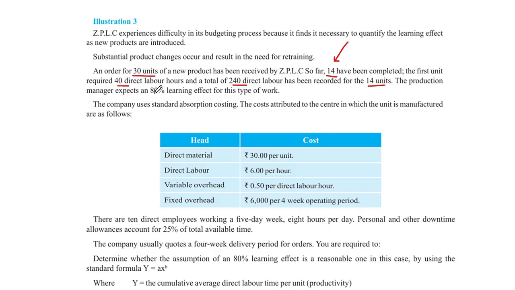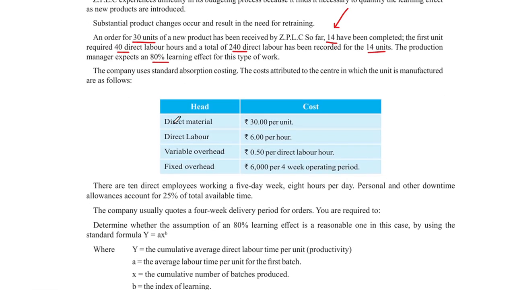The production manager expects an 80% learning curve effect for this type of work. So here the manager is assuming that an 80% learning curve is sufficient for this type of work. The company uses standard absorption costing, and the costs attributed to the entire unit manufactured are as follows.